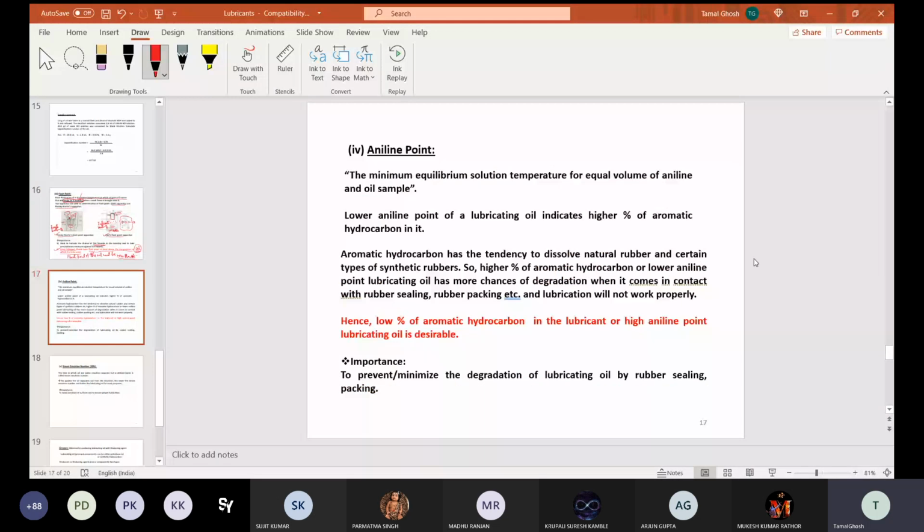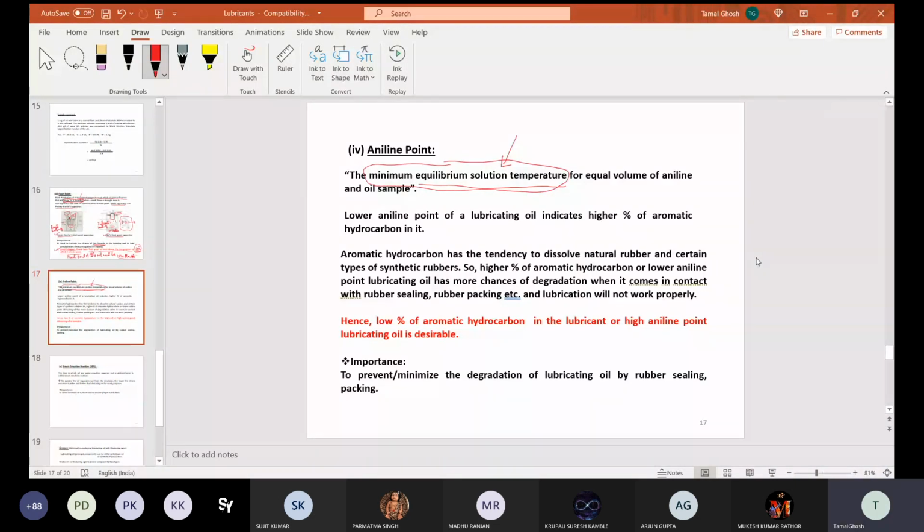Then we will go to the next one, aniline point. Aniline point is the minimum equilibrium solution temperature for equal volume of aniline and oil. So equilibrium solution temperature, this one actually comes from the phase equilibrium concept. So here say we are taking equal volume of oil and aniline.